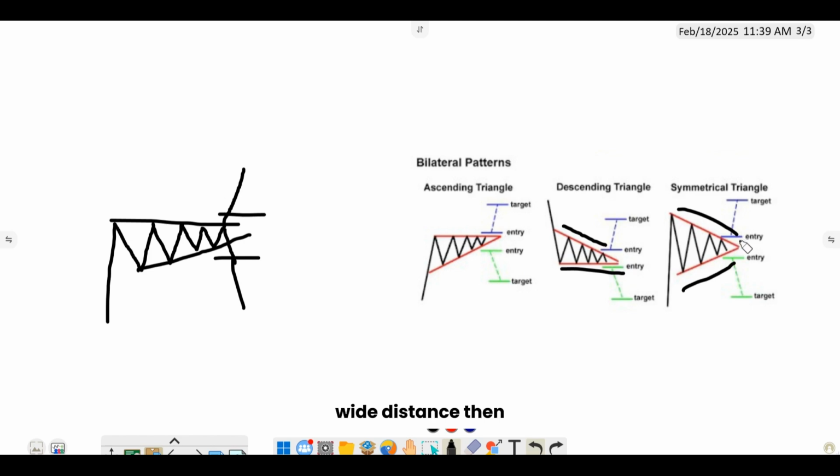Then the market can choose to break out from any area of the trend and hit our target. Our target will still be almost the same: we calculate the length of the first triangle, then take that length and put it up here as the length for our profit target.